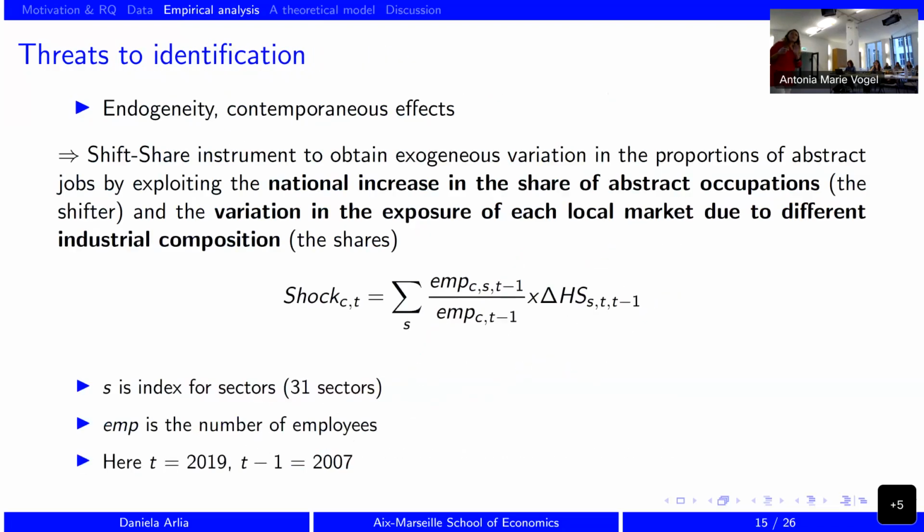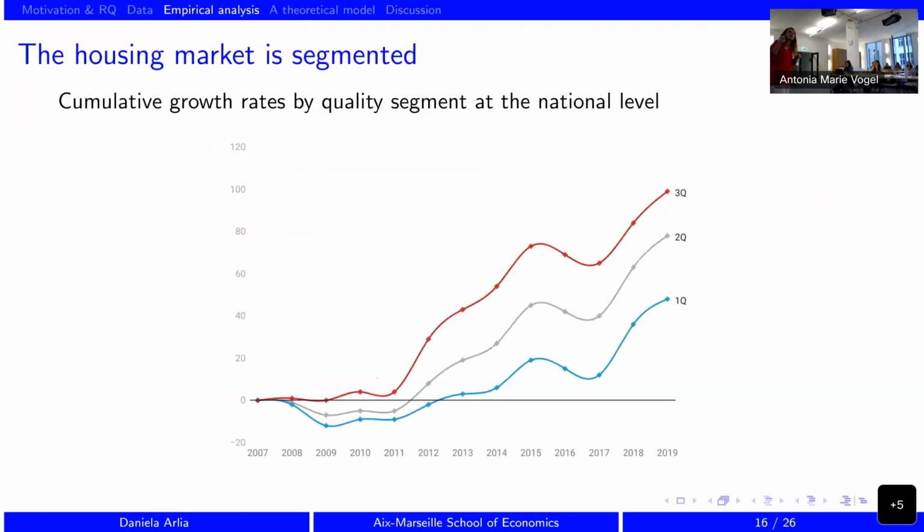Now, before showing you the results of the main specification, I show you some stylized facts on the housing market and on the labor market. The first thing that I want to show you is that the housing market is segmented, because this is the main assumption under which I built this research.